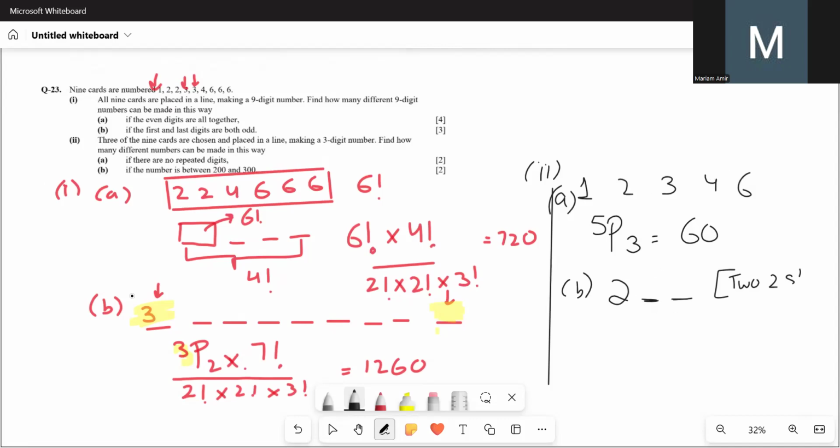So if this is 2, this would be 1P1, and this would be 1 out of the remaining 4, so I could do 4P1. And these 2 could swap their places as well, so we'll also have to times it with 2. So 4P1 times 2 is 8.